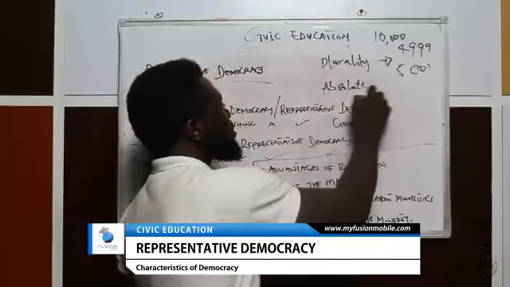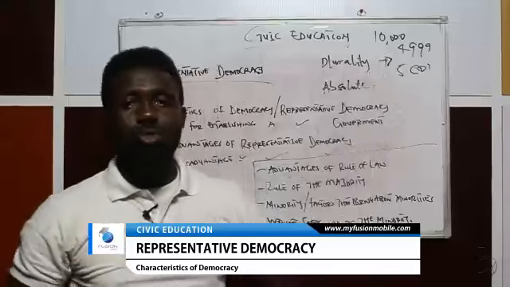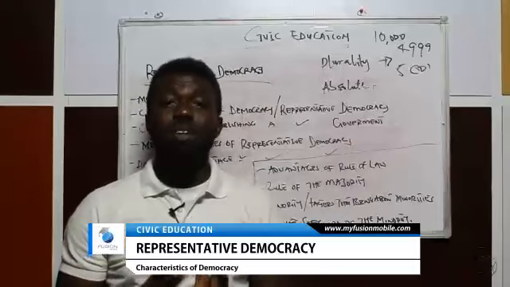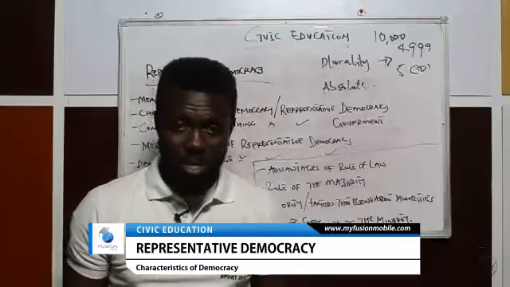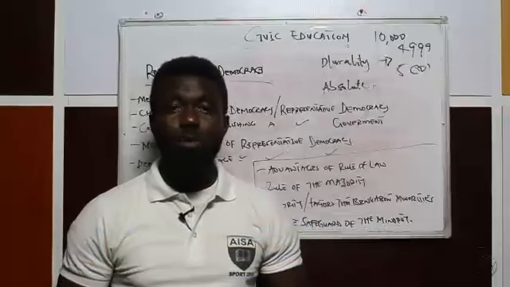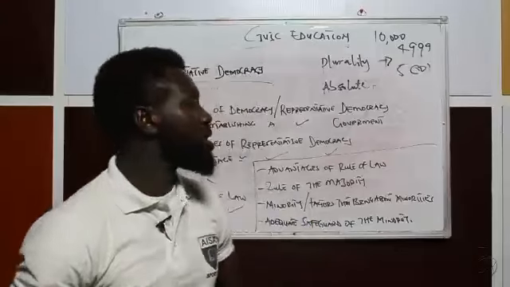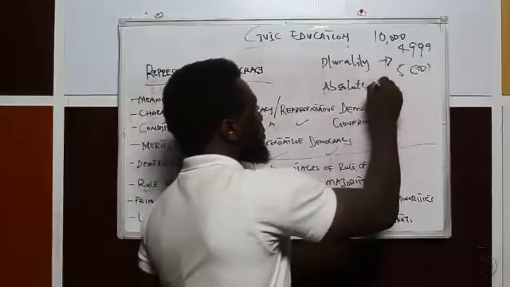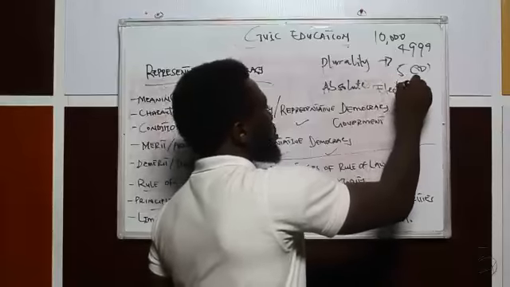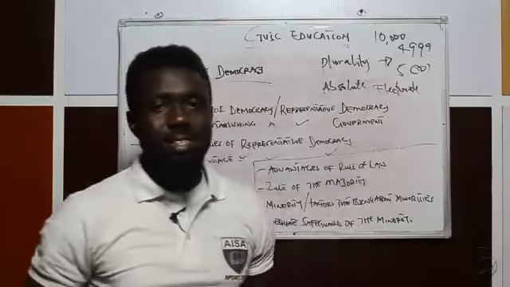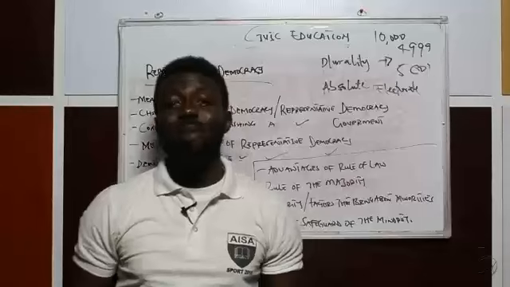But when we're talking about the absolute majority, it's a situation where the winner must have more than 50% of votes from the total number of the electorate. That's the eligible voters, those who have been registered.